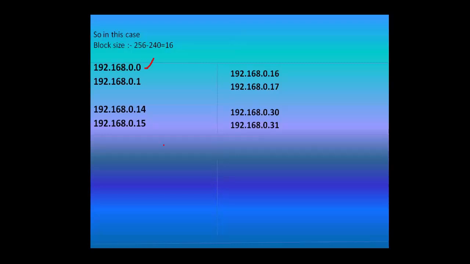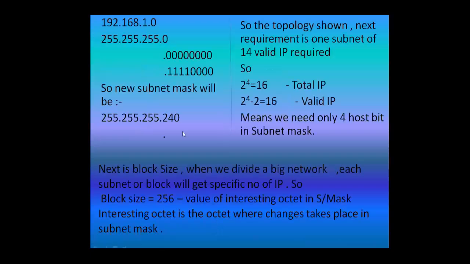Zero is the network ID, 15 the broadcast IP, and 1 to 14 are the 14 valid IPs. So again, in this VLSM also, I'm ignoring the first block. 17 to 30 I will configure on the 14 IP series. But the subnet mask should be the same that we calculated here.